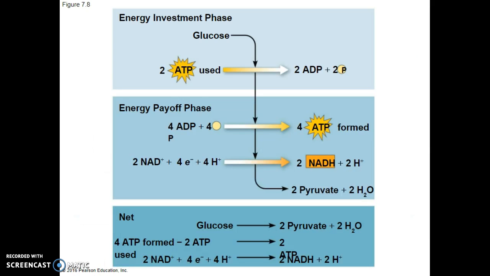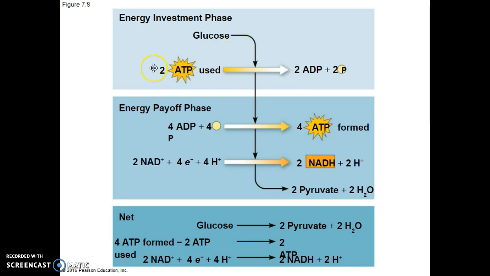So to review all of glycolysis, like I said before, we start off with two phases, energy investment and energy payoff. In the energy investment phase, we start out with glucose, which is a 6-carbon molecule, and two phosphate groups are attached to it. Because it's rearranged, it makes a new sugar, which is fructose.